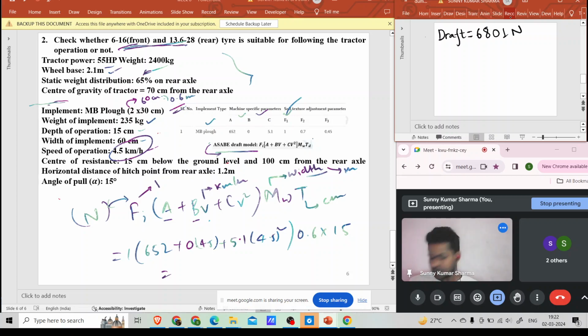Yes, sir. So this Newton you convert into kg. Means you divide it by 9.8, but you can simply divide it by 10. It will come to 680.1. This is the draft requirement. This is the draft from the MB plow.